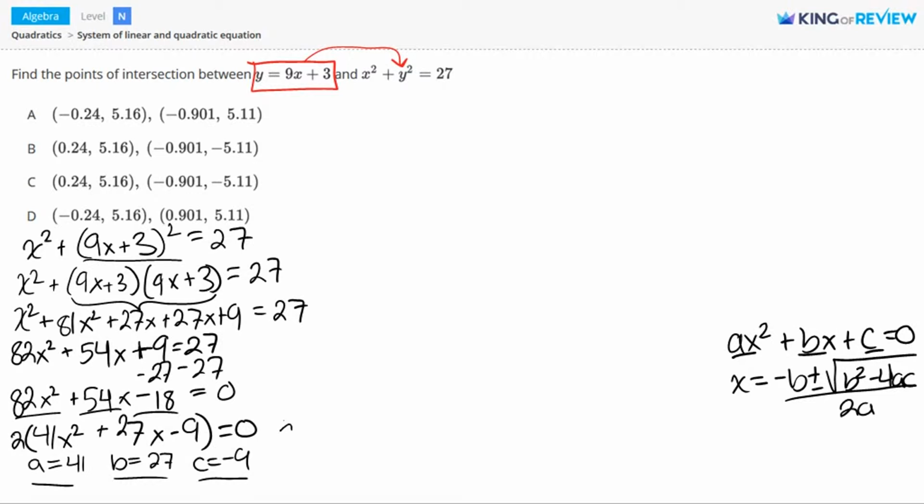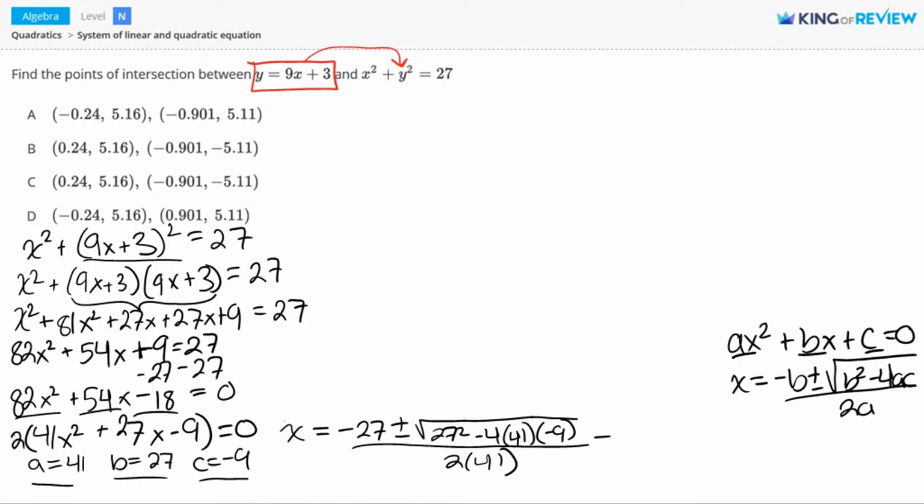So we get x equals negative 27 plus or minus the square root of 27 squared minus 4 times 41 times negative 9. And this is all divided by 2 times 41.